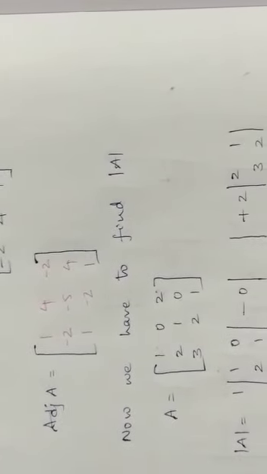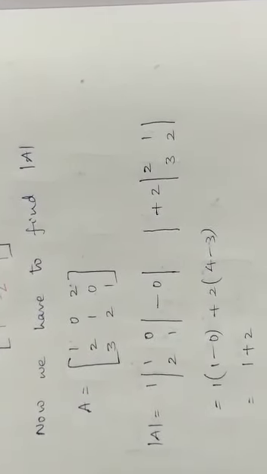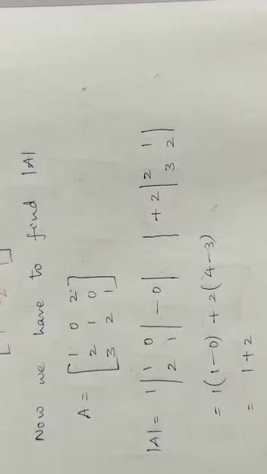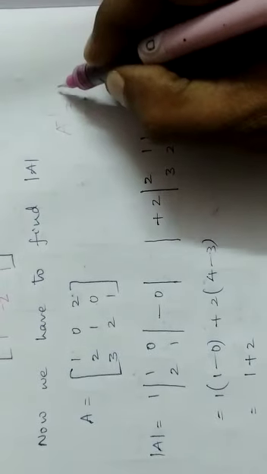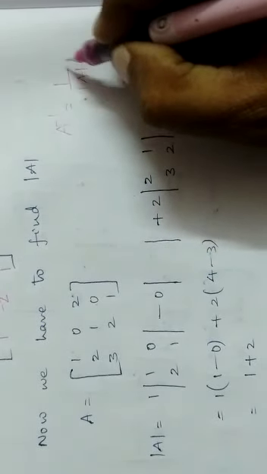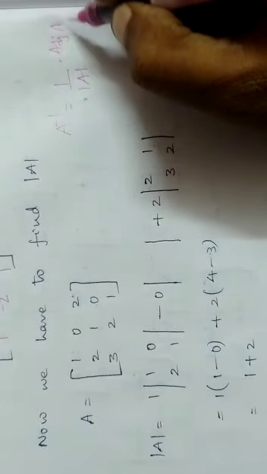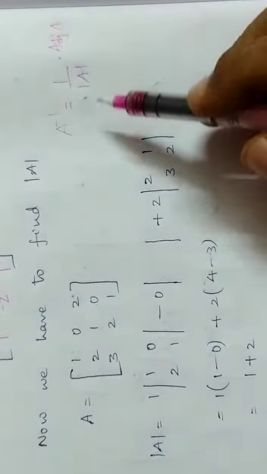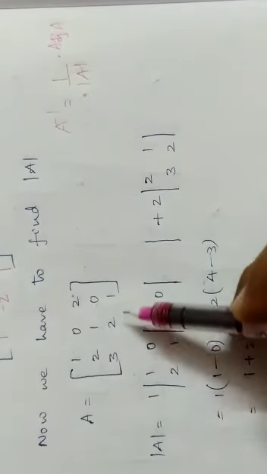Now, we have to find det A. Why det A? As we are asked to find A inverse, 1 by det A into adjoint A. Already we found adjoint A. Now, we have to calculate det A. So A equal to, which is given.